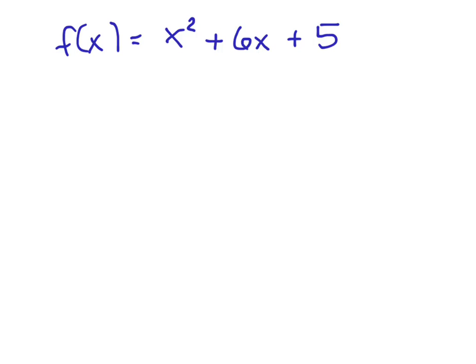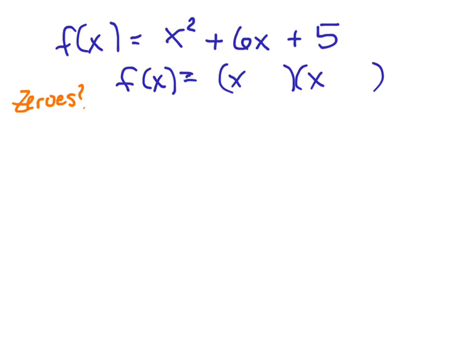What if I have standard form and I need the zeros of the function? I know how to factor this, and that's one way to find the zeros. x and x. I can do 5 and 1, both positive, and 5x and 1x does add up to 6x, so that looks like it will work.